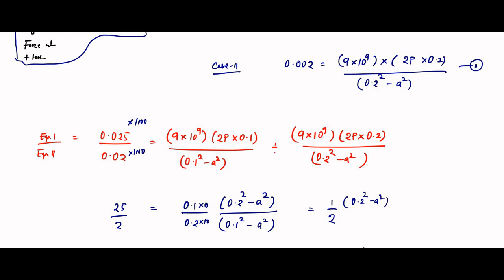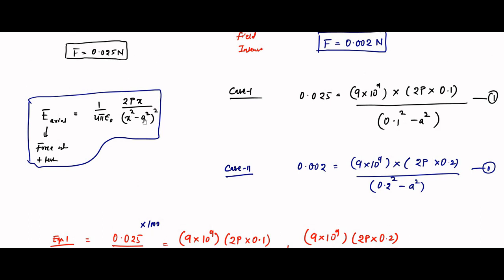Another important thing, this is square. I have missed a very important thing here. The formula is x square minus a square whole square. It's a slip of mind. Both are squares in the denominator: 0.1 square minus a square whole square when x is 0.1, and 0.2 square minus a square whole square when x is 0.2, the two cases.